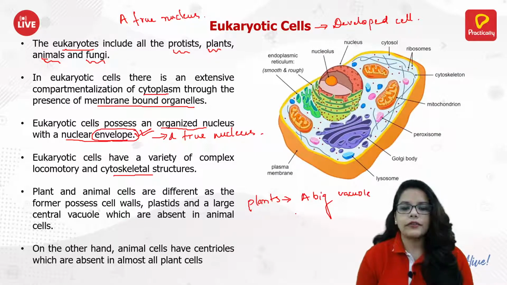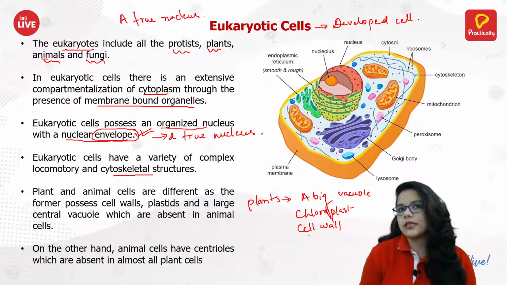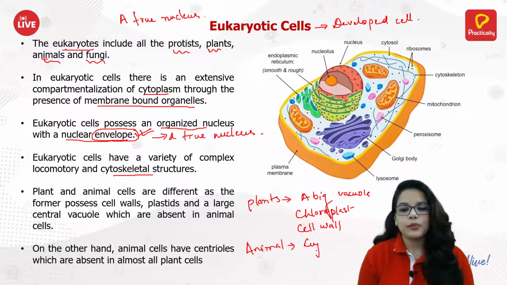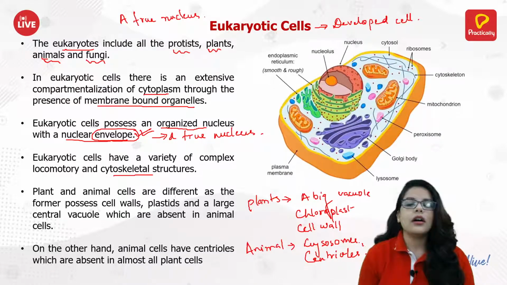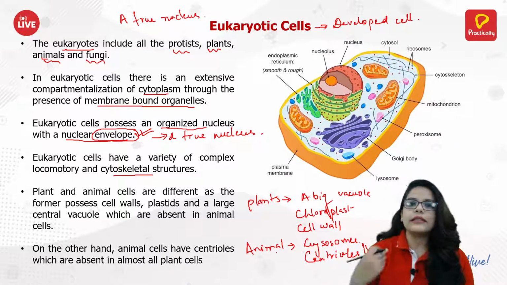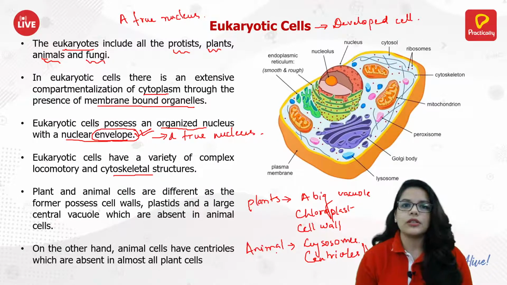They have chloroplasts. They also have a cell wall, which is absent in animal cells. On the other hand, animal cells have proper lysosomes, and they also have centrioles. These are not present in plant cells. So we can see how developed the eukaryotic cell is.